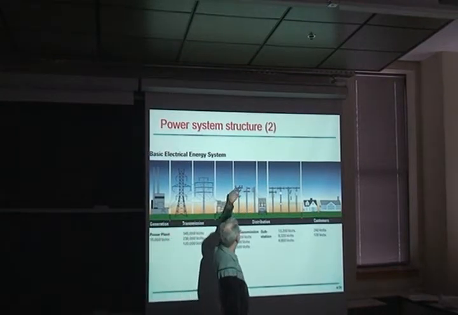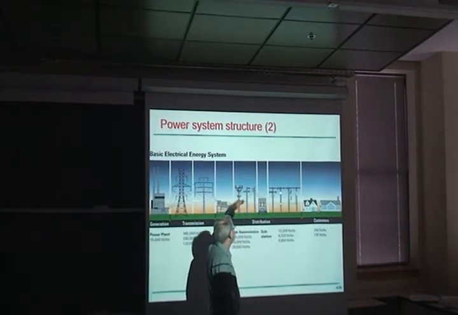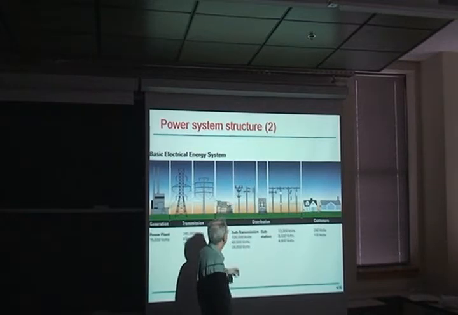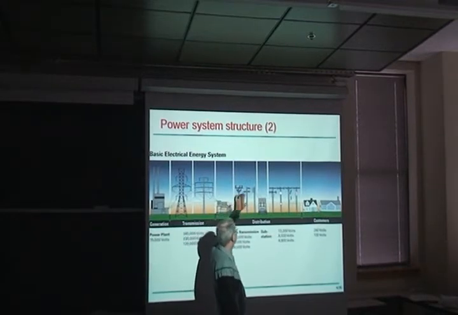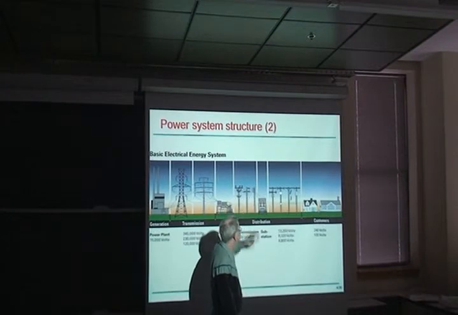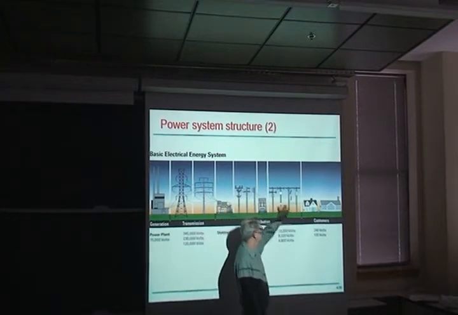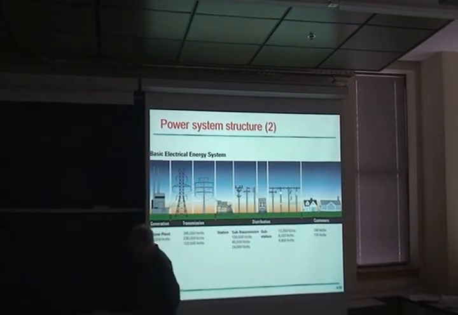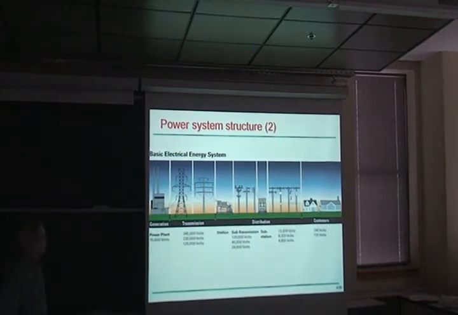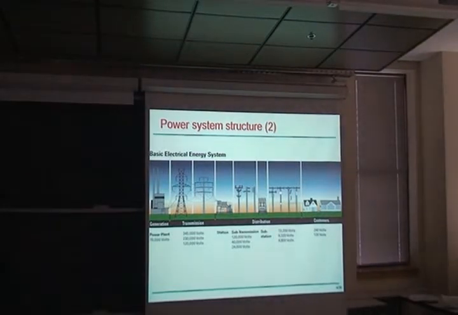When you see smaller towers or poles with intermediate size, that's the sub-transmission, and then you're familiar with the distribution system out around the residences. Any questions? So that's what you anticipate the various different pieces of the power system.